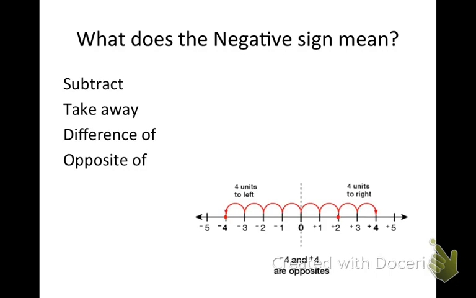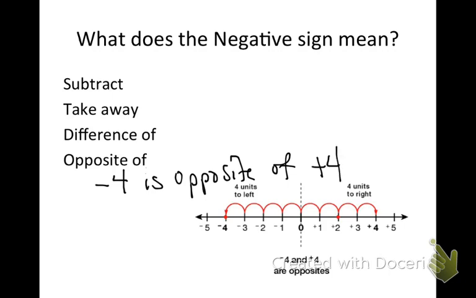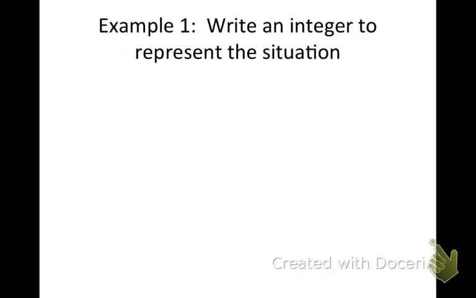So go ahead and write this down in your notebooks. So for me, again, negative 4 is the opposite of positive 4. So to me, that's what the negative also means. It's their opposites. If you need to pause the video, go ahead and pause the video when you're ready to move on.